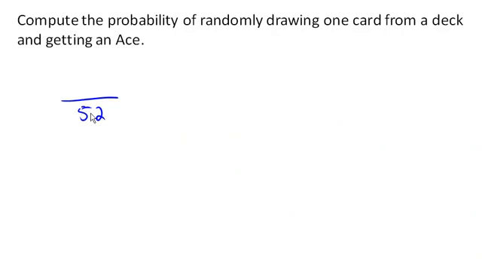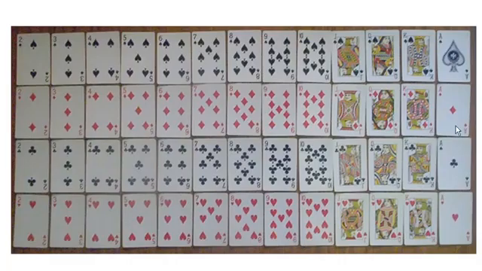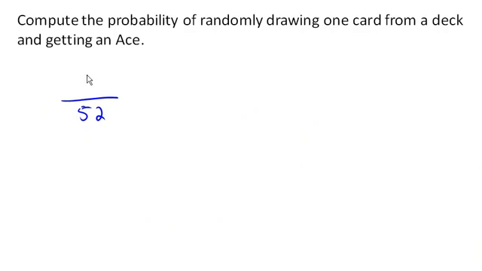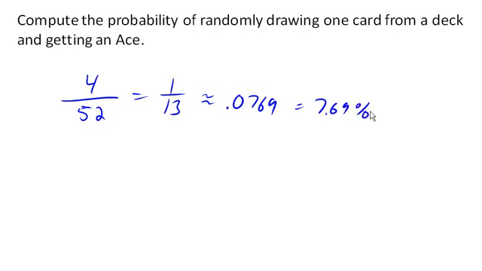Out of those, how many of them are aces? 1, 2, 3, 4. And so there is a 4 out of 52, or 1/13th, or in decimals, you could say 0.0769, or about 7.69% probability or chance of randomly drawing a card from the deck and getting an ace.